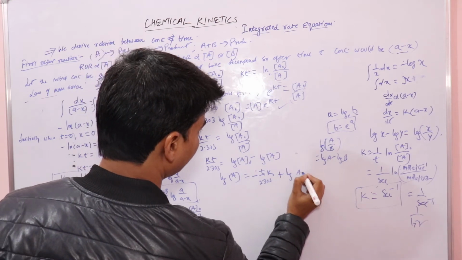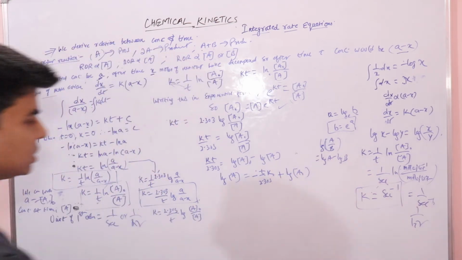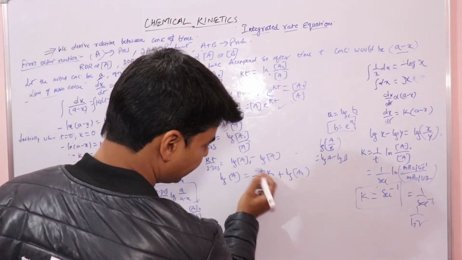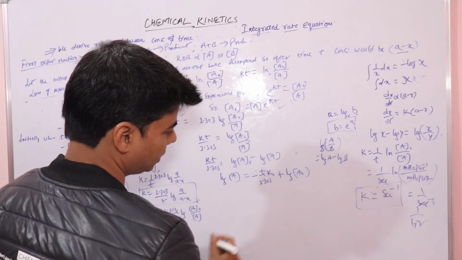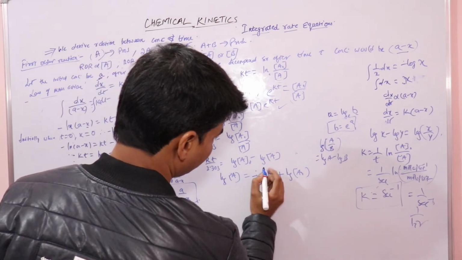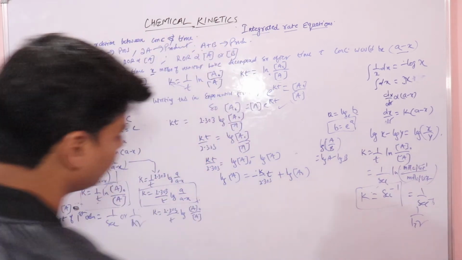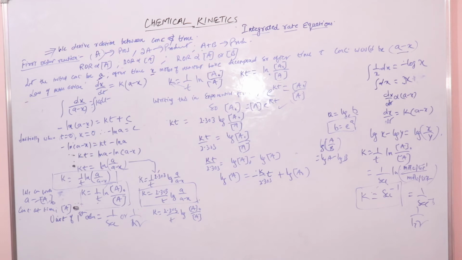Right, now this is a straight line equation of the form y is equal to mx plus c, right? So here t is variable, k is constant, right? So this is the correct form. T is your variable. So what we will do is we'll draw a graph between t and log A, right? A graph between t and log A.